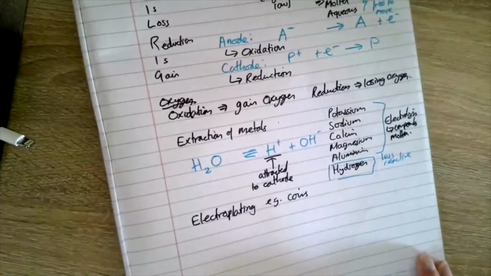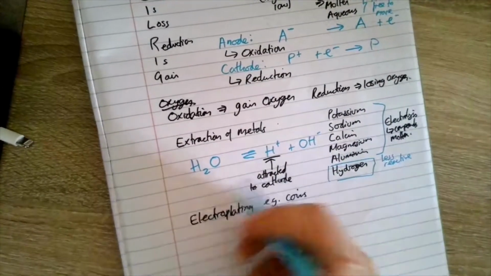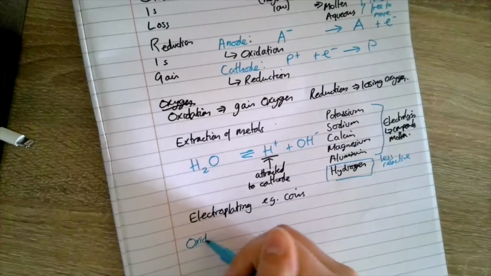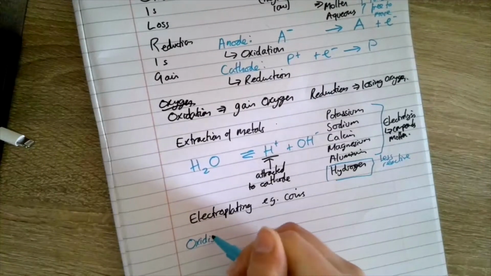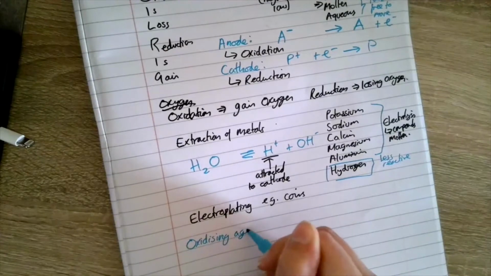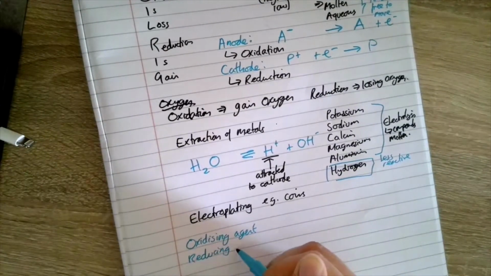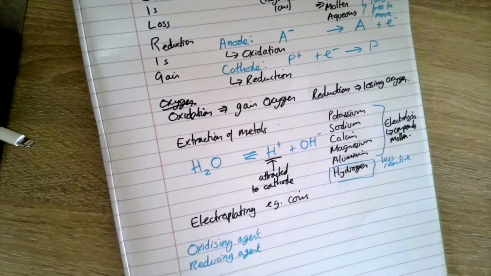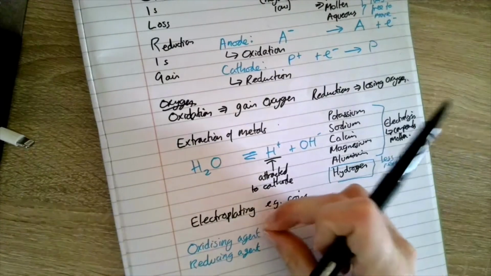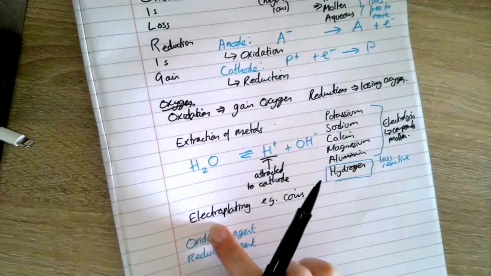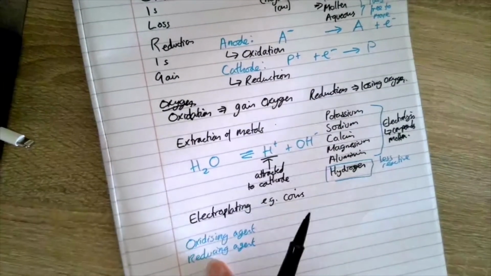At AS level we introduced some new terms, an oxidizing agent and a reducing agent. What these are doing is enabling oxidation to happen, and enabling reduction to happen.